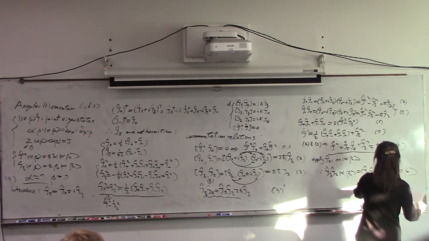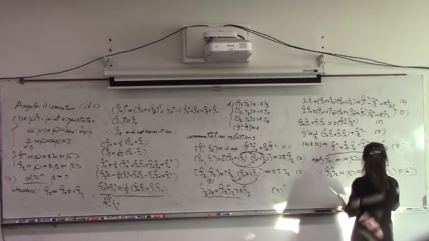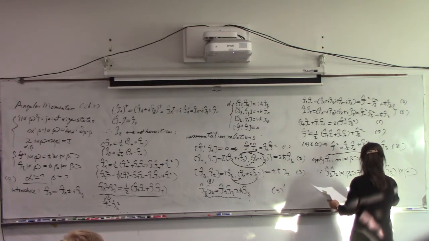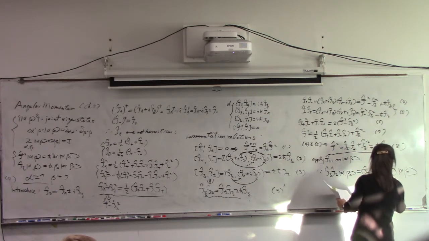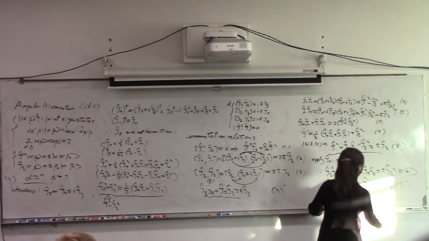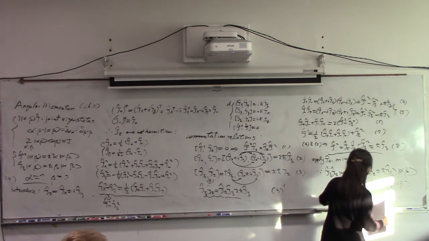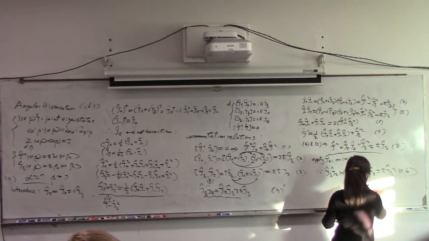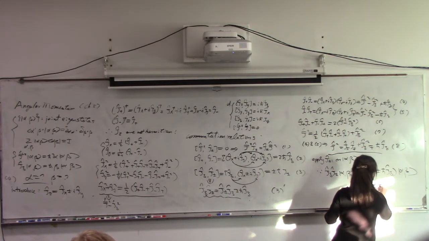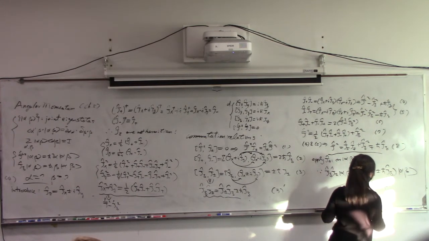Okay, so let's do this one. J plus minus and Jz is h bar beta, alpha beta is the first term.